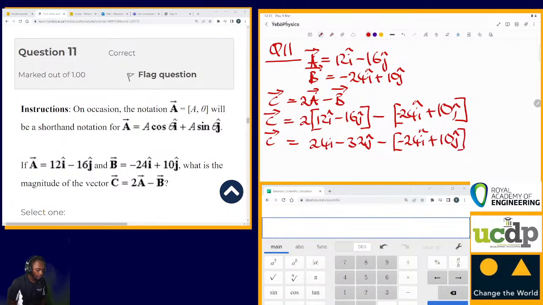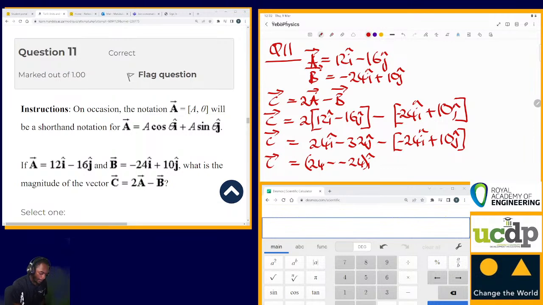Okay, so what then do we need to do? We have to subtract the components in the i direction alone first. So that is going to be 24 minus 24, all this in the i direction.